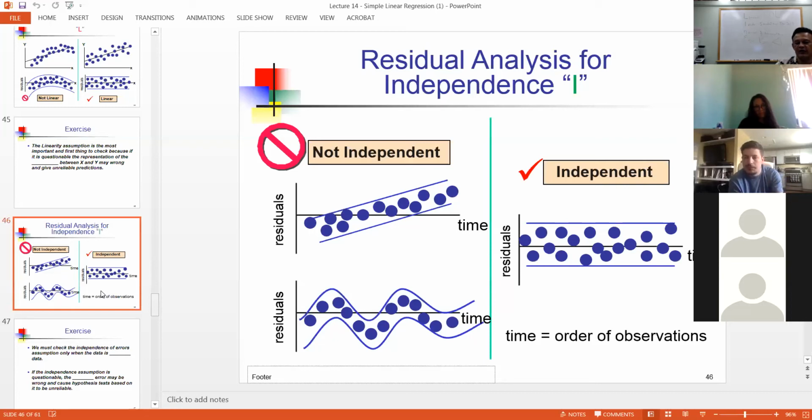We can either look at our Durbin-Watson, which looks at autocorrelation, or we can look at this. We can also look at our residuals to see if we see a snake-like pattern. If we see a pattern like this, a pattern like that, we have a problem. What we really want to see in our residuals always is randomness. Okay? Randomness.